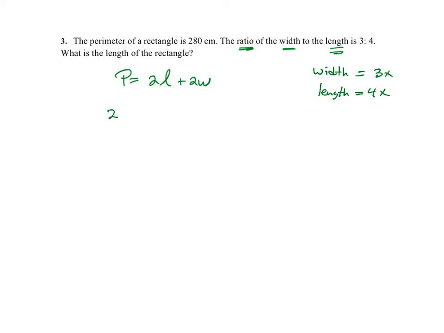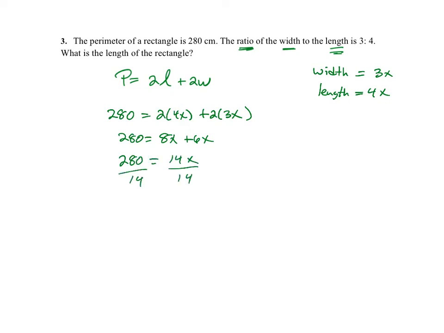So the perimeter, 280, equals 2 times 4x plus 2 times 3x. So 280 equals 8x plus 6x. 280 equals 14x, and I'm just going to divide by 14.